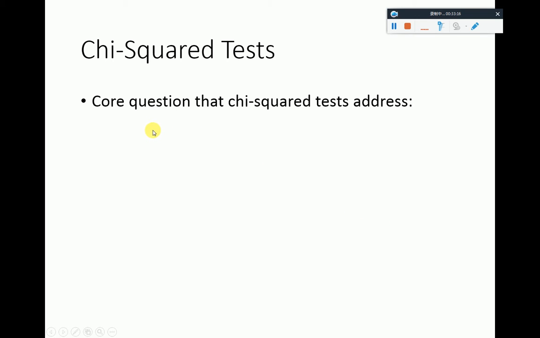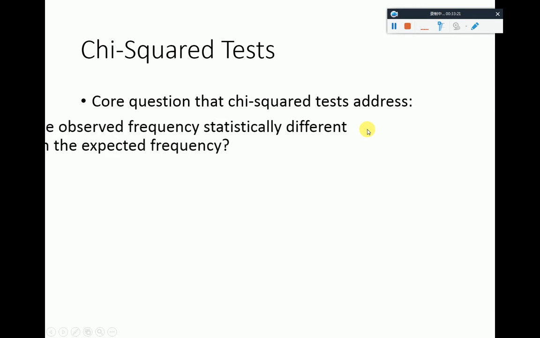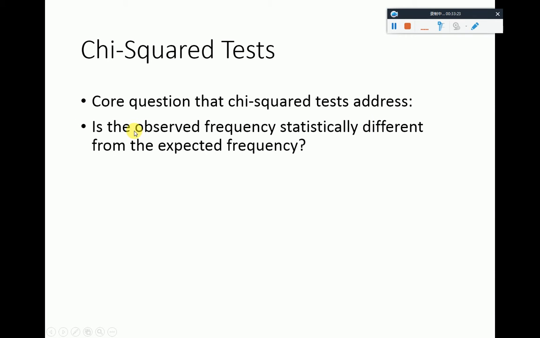So the logic or the core question that chi-square tests address is this. If we can calculate the expected frequency, and we do have the observed frequency, which is what we observe, is there any deviation of the observed frequency from the expected frequency?